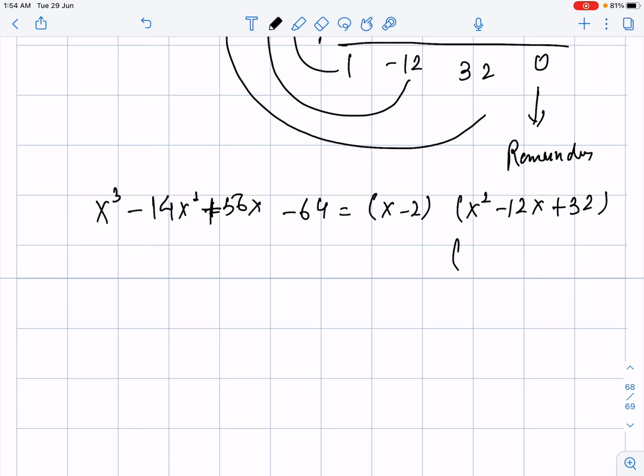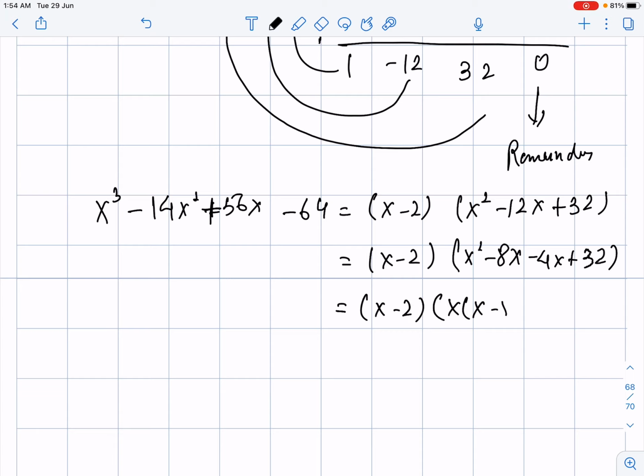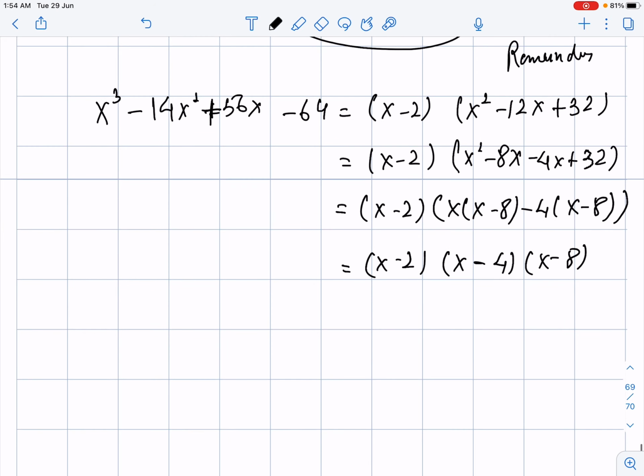So I'll be going to write it as x square minus 8x minus 4x plus 32. That will become x minus 2 times of x into x minus 8 minus 4 times of x minus 8. So we may get it like x minus 2 times of x minus 4 times of x minus 8. So guys, we would have to make it 0 over here. Okay, so x will become either 2 or 4 or 8.